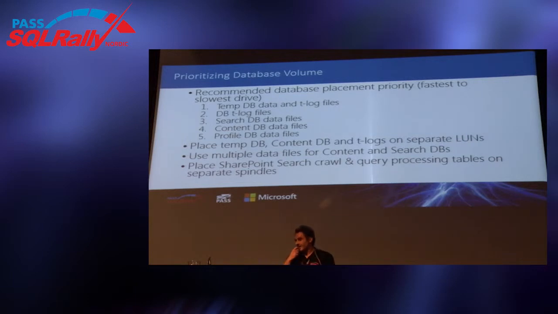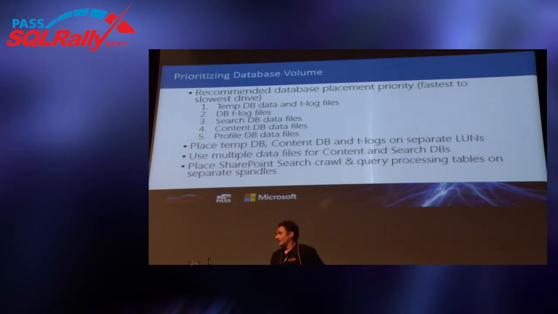So when you configure and install your SQL Server, you should prioritize the placement of the database files in this order, where the TempDB has to go on the fastest, and then the DB transaction log, the search DB data files, the content, and then the profile. You want to put them on separate LUNs, and use multiple data files for content and search DBs.